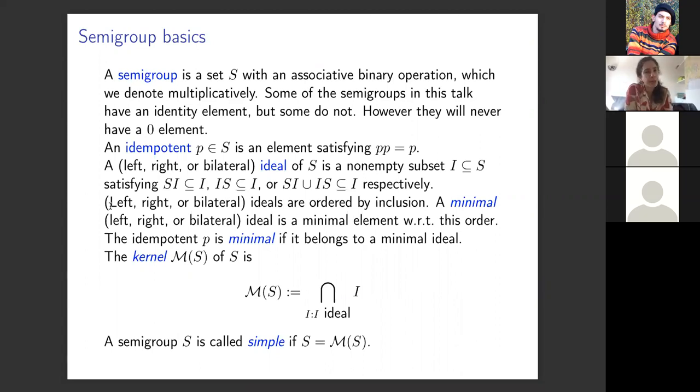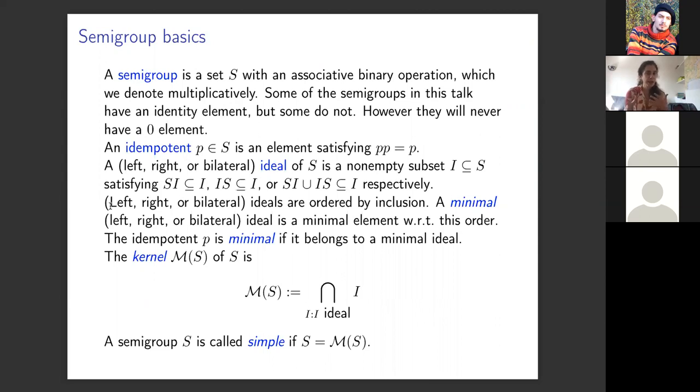An idempotent is an element of the semigroup satisfying p squared equals p. And you can define ideals the same way that you define ideals for rings. A set I in my semigroup is a left ideal if it's closed under multiplication on the left by elements of the semigroup. Right ideal similarly, and bilateral if it's both a left ideal and a right ideal.